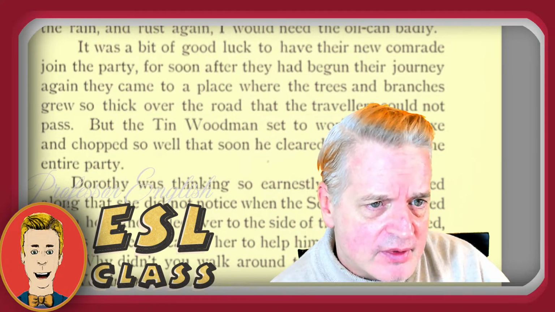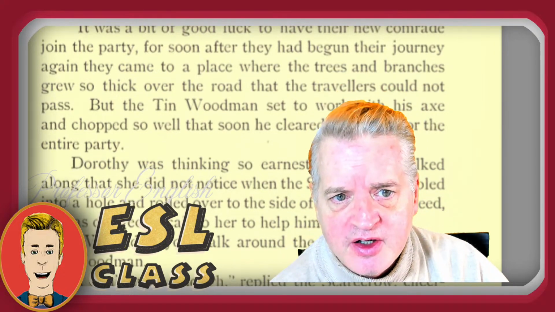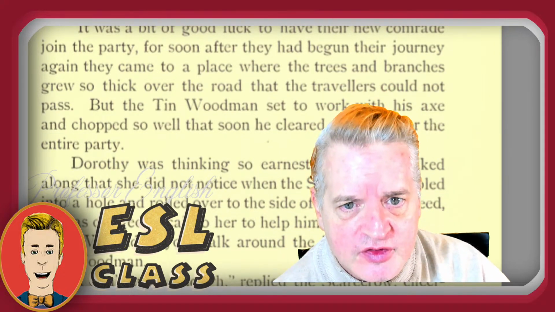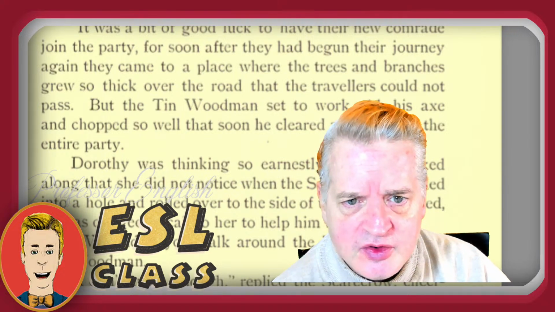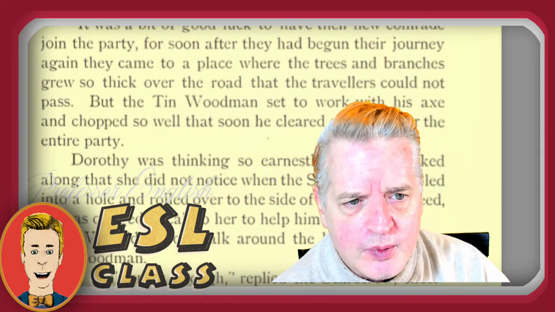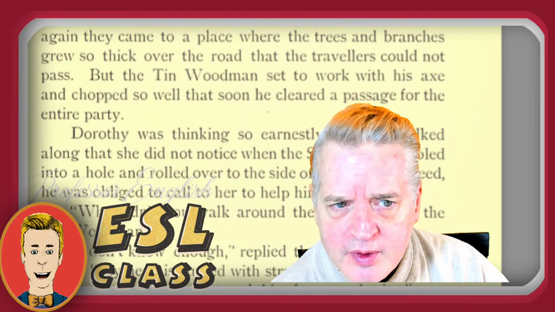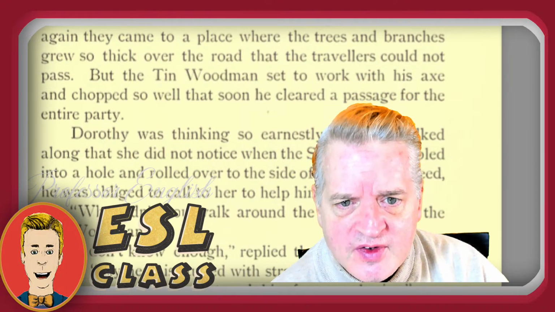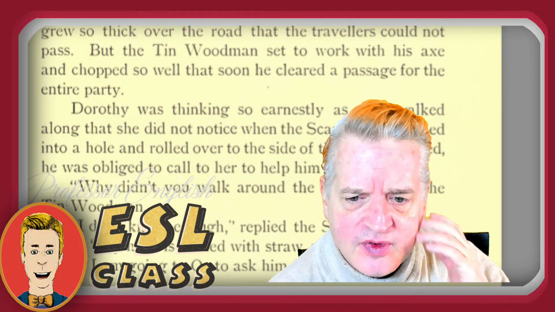It was a bit of good luck to have their new comrade join the party, for soon after they had begun their journey again, they came to a place where the trees and branches grew so thick over the road that the travelers could not pass. But the Tin Woodman set to work with his axe and chopped so well that soon he cleared a passage for the entire party.